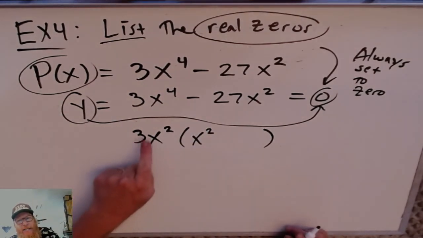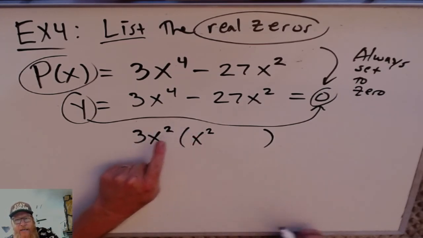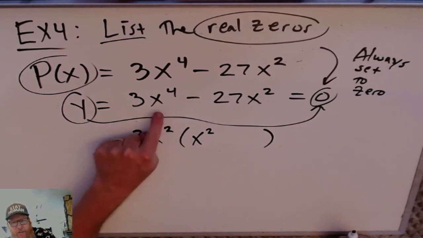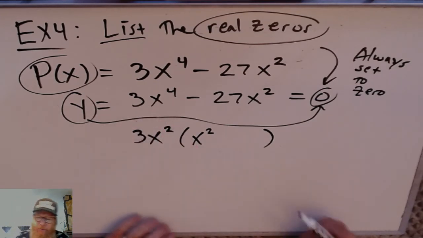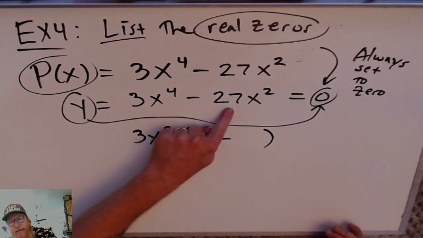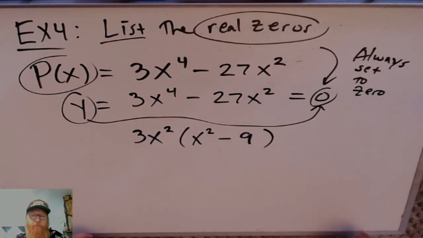Yeah. And you could easily check, notice I'm using my finger and not the pen, you can easily check 3x squared times x squared. You could double check that that's 3x to the fourth. All right. And then now negative 27x squared divided by 3x squared is 9, or in particular, negative 9.